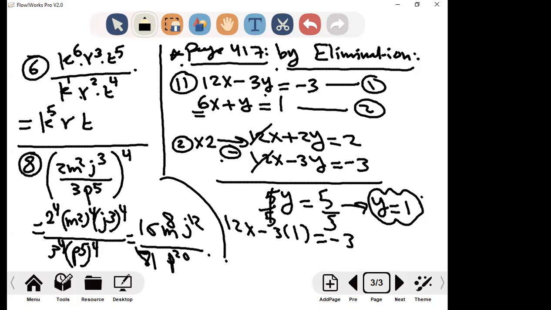Now minus 3 times 1 is minus 3. Push it there. It will be minus 3 plus 3, which is 0. So 12x equal 0. Divide by 12 both sides. X equals what? 0. So the solution is 0 and 1.